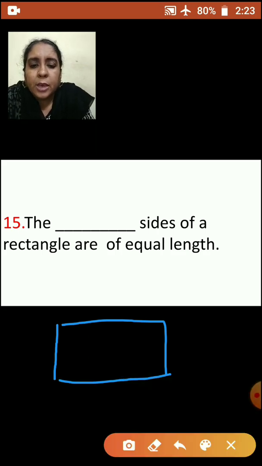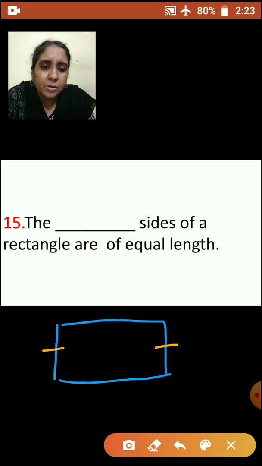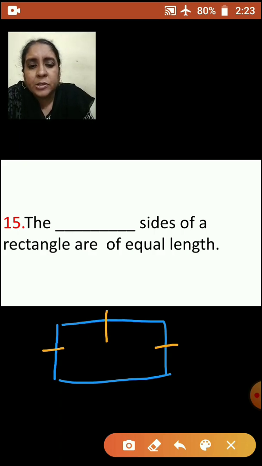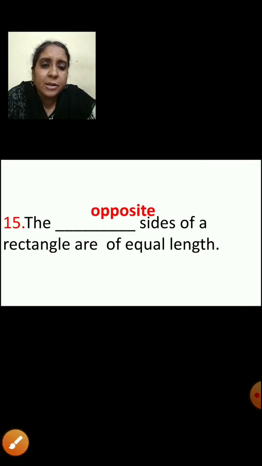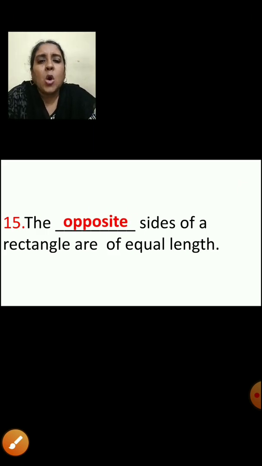Yes, if you see, this side is equal to this side, right? And this side is equal to this side. So what is it called? Yes, it is opposite sides. The opposite sides of a rectangle are of equal length.